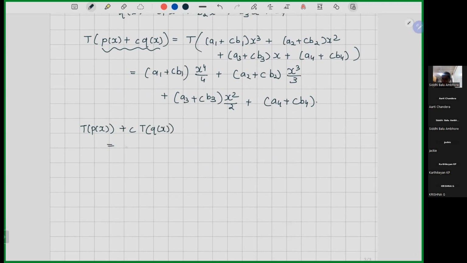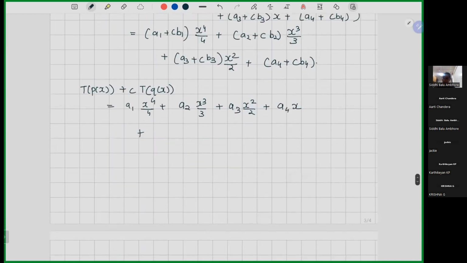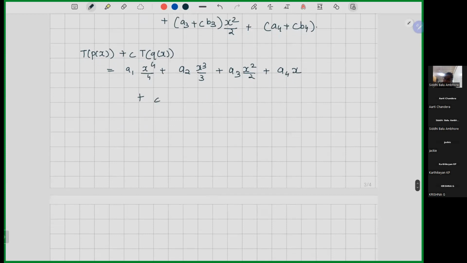When I do this, I get a1 x power 4 by 4 plus a2 x cube by 3 plus a3 x square by 2 plus a4 x, plus c times b1 x power 4 by 4 plus b2 x cube by 3 plus b3 x square by 2 plus b4 x.